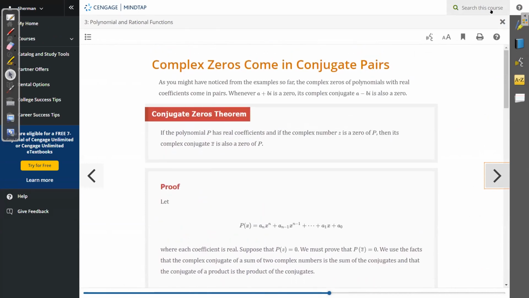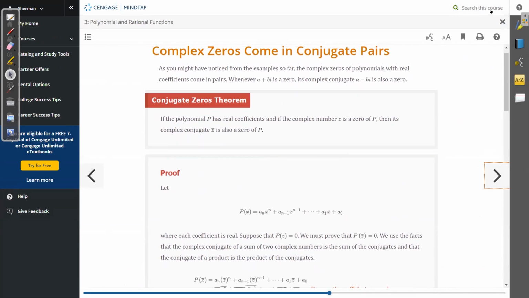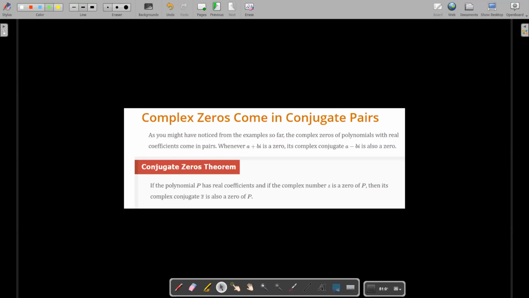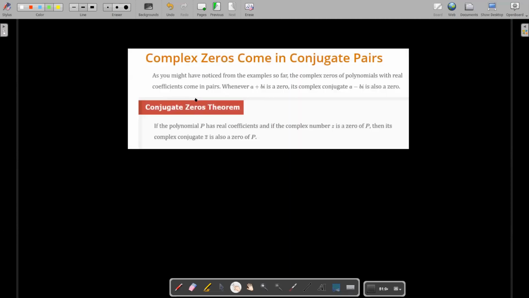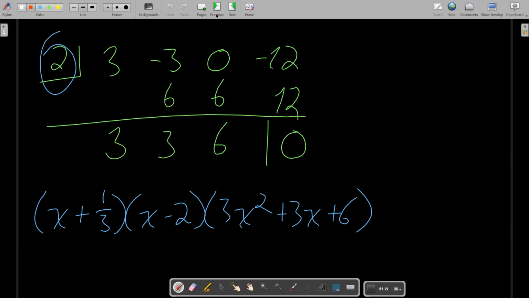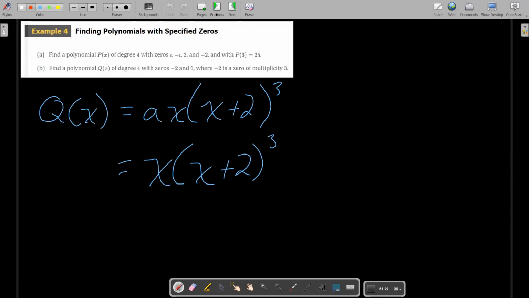Okay. So the complex zeros come in conjugate pairs. It reads, as you might have noticed from the examples so far, the complex zeros of polynomials with real coefficients come in pairs, okay? So we will actually go and explore that right now. Notice how we have a plus or minus i there, right? Same problem.